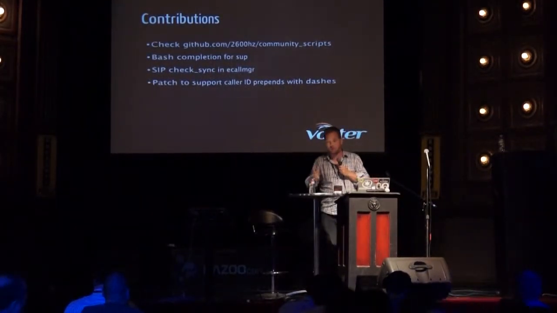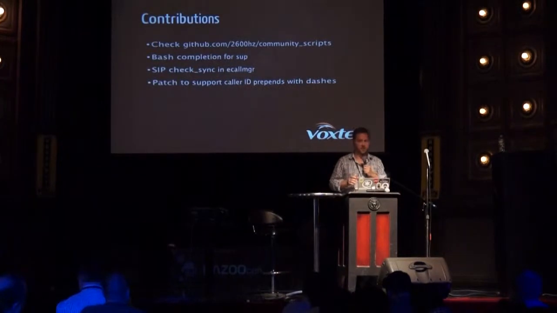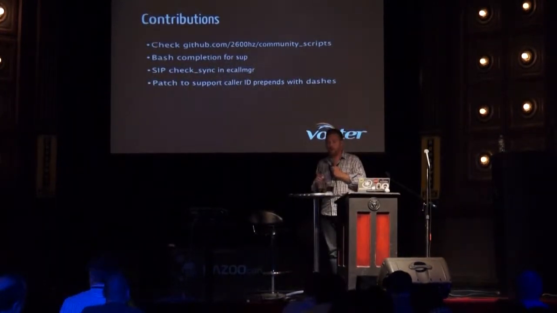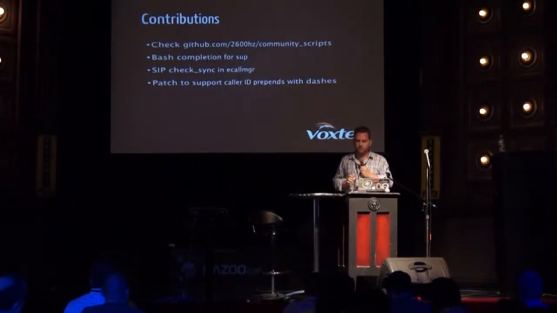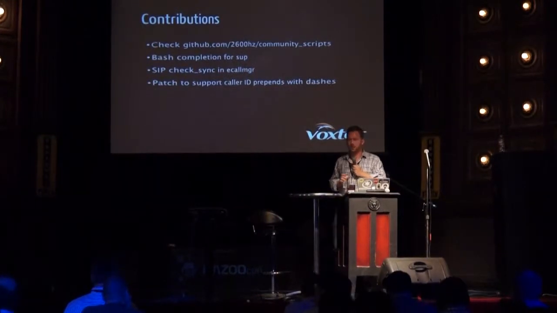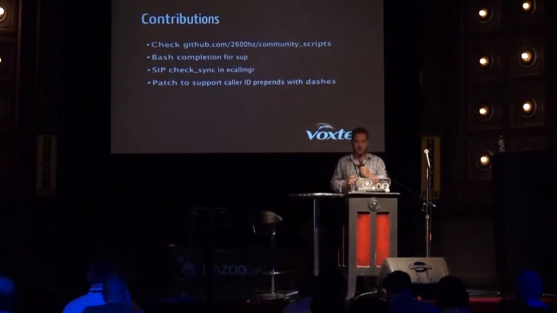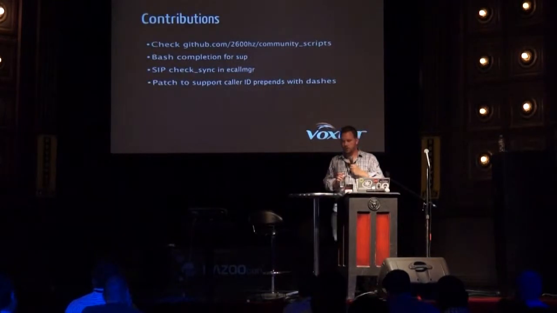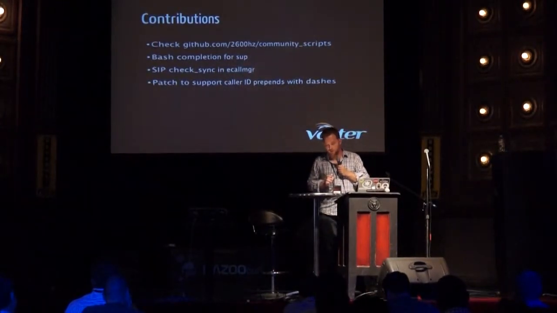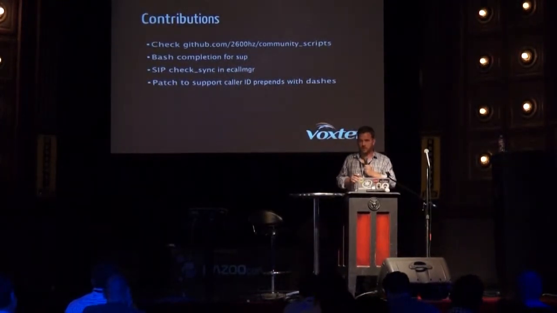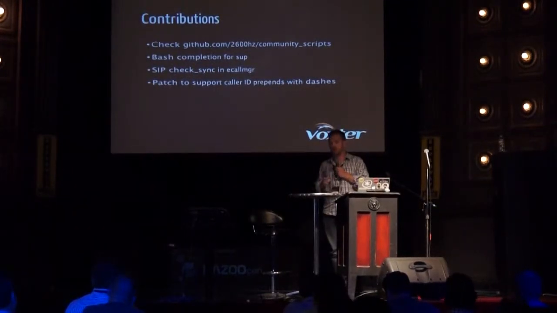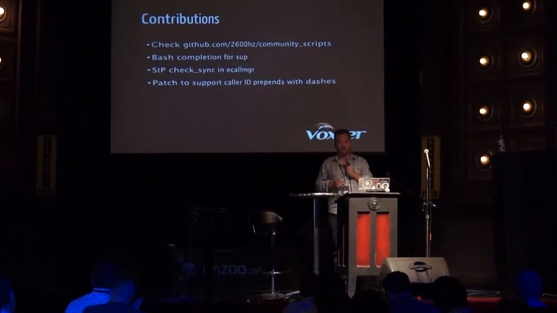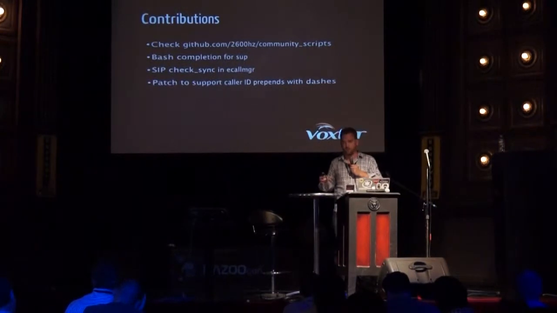Occasionally, you might either miss that email, the email may not have been configured, maybe you didn't care at the time, and you want to query that client to see if that's happened yet. I couldn't find a way to do that, so we wrote a little module that allows you to use sup or sup over crossbar to check an account ID and see if either the first call has happened or the first registration has happened.